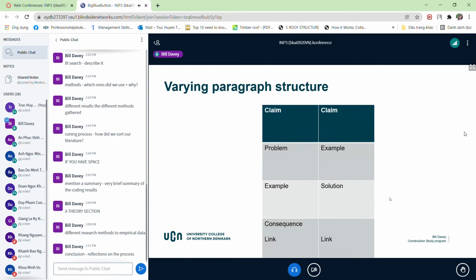So how do I do that? Well, there are two things you can do. You can either make it into a problem, or you can give an example. So I think it's a delightful day today. The sun is shining and the birds are singing. There's my example. And then you could go on to have a solution.